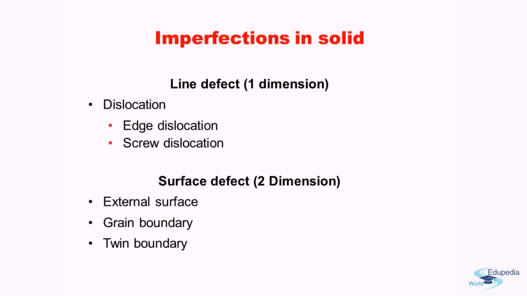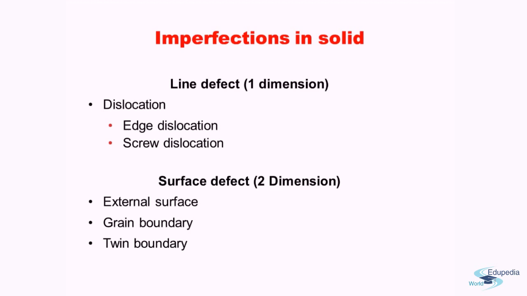Thereby these grains are separated by a discontinuity which is known as the grain boundary, and this grain boundary, being a boundary, is a two-dimensional defect. Then we'll see something which is known as twin boundary. So these three are examples of surface defects. There are other surface defects too, but our point of concern will be mainly discussing these three surface defects.